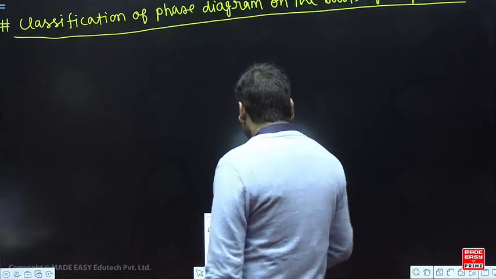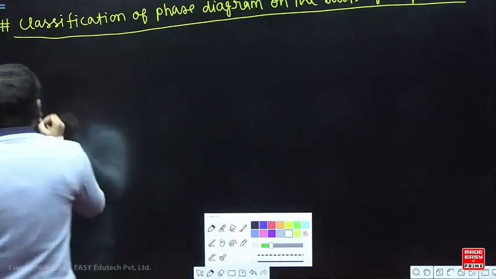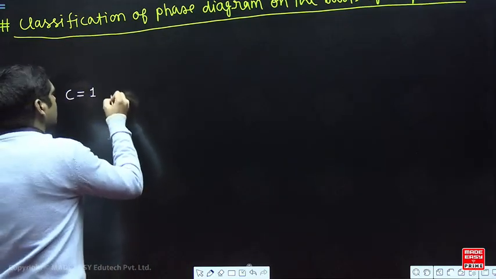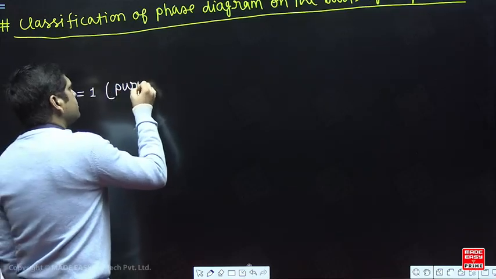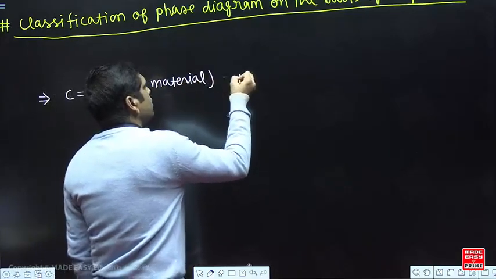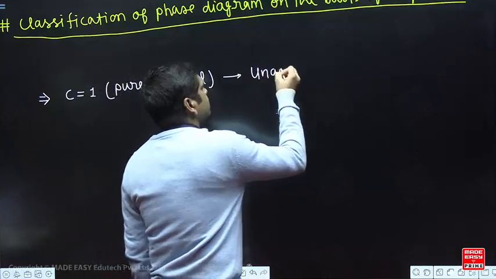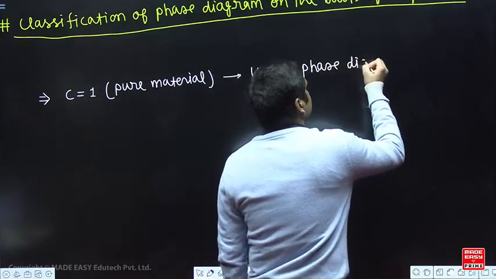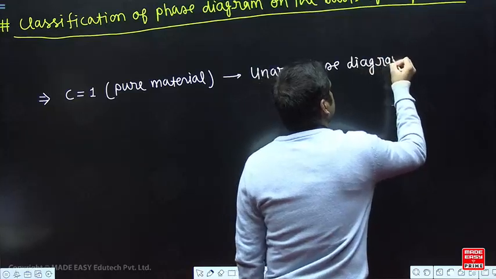पहला, C is equal to 1, pure material, unary phase diagram कहलाएगा. Unary phase diagram.